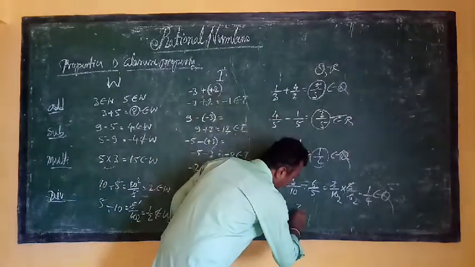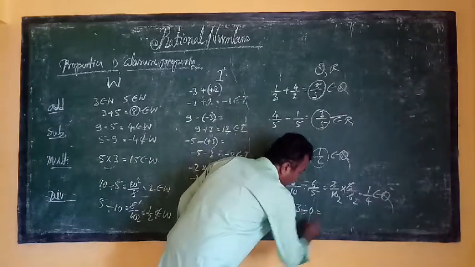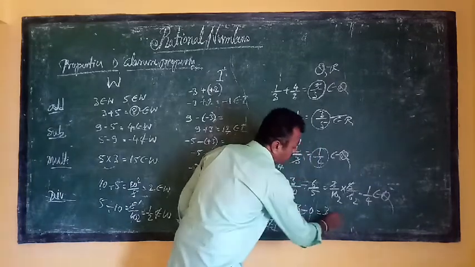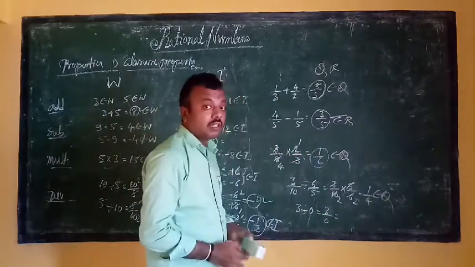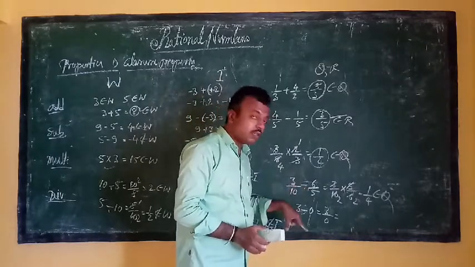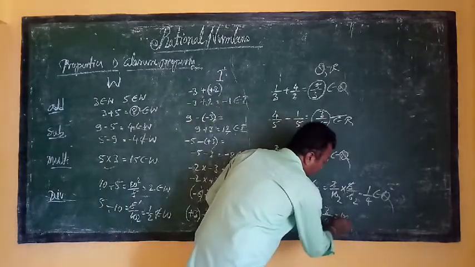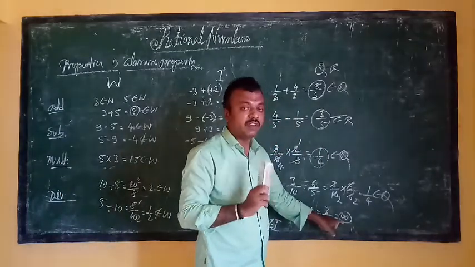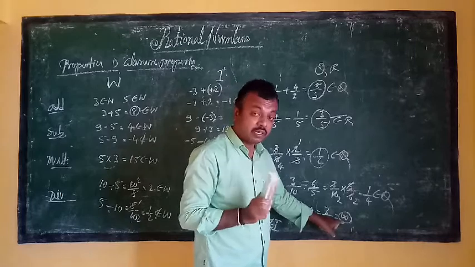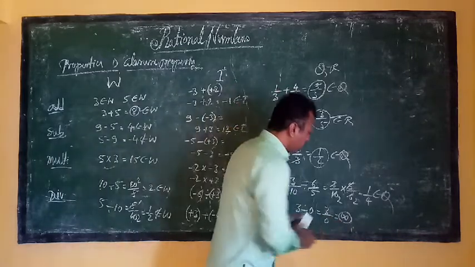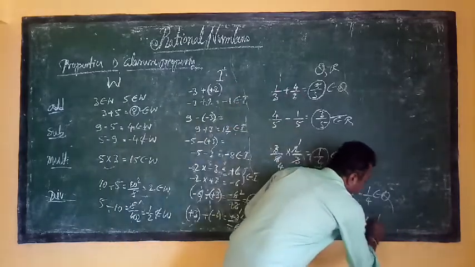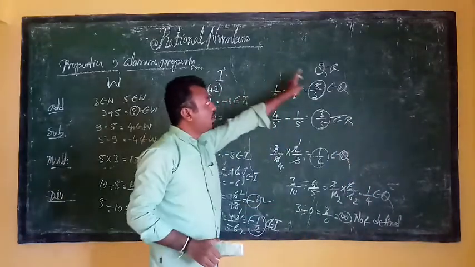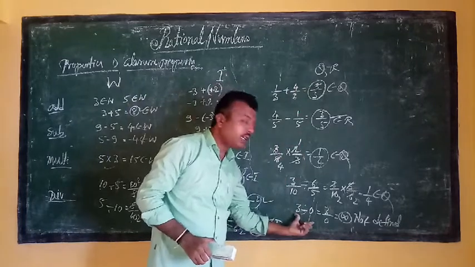See students, 3 divided by 0, it becomes 3 by 0. Anything by 0 is infinity, correct? Infinity, but infinity is not a rational number. It is not defined. Infinity is nothing but not defined. Therefore, the closure property of rational numbers does not hold under division.